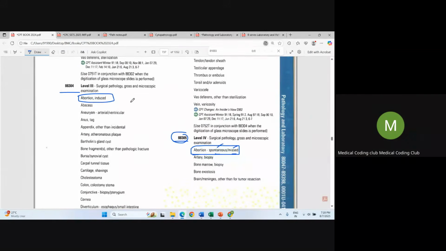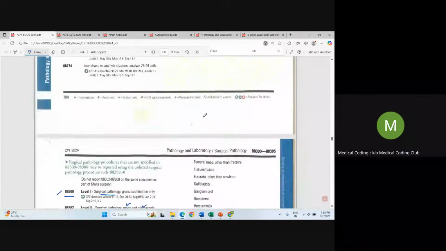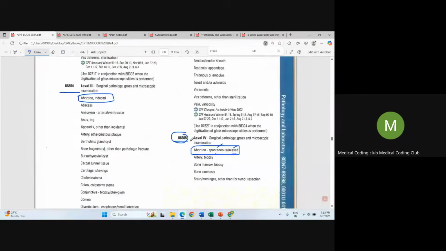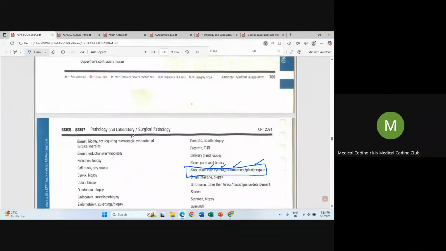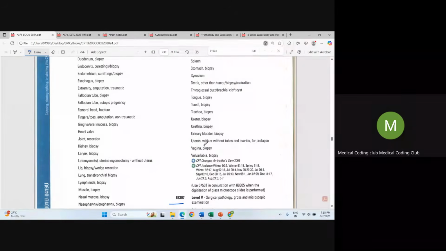One more repeated specimen is uterus. Check for uterus also. See, here one uterus entry is there: uterus with or without tubes and ovaries for prolapse. The uterus is prolapsed and they are doing the procedure, that is, uterus for prolapse.